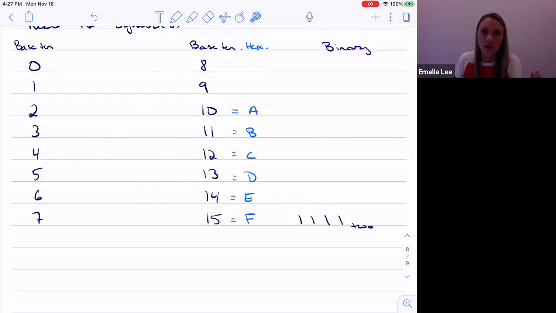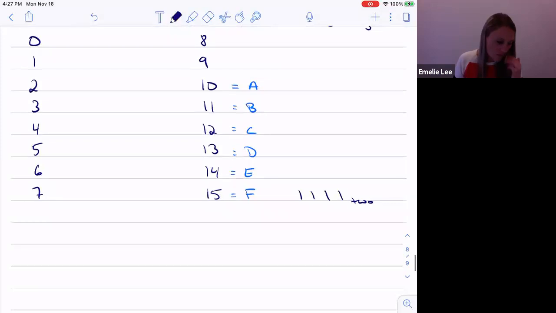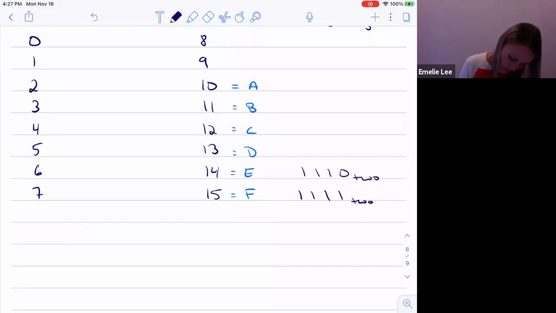I know it feels like a lot, 16, but they're going to come very quickly. E in hex is going to be the same as 1, 1, 1, 0 base 2. D is 1, 1, 0, 1 base 2.